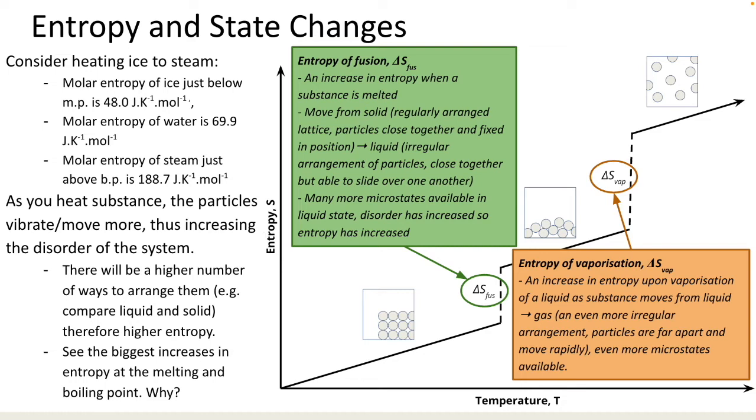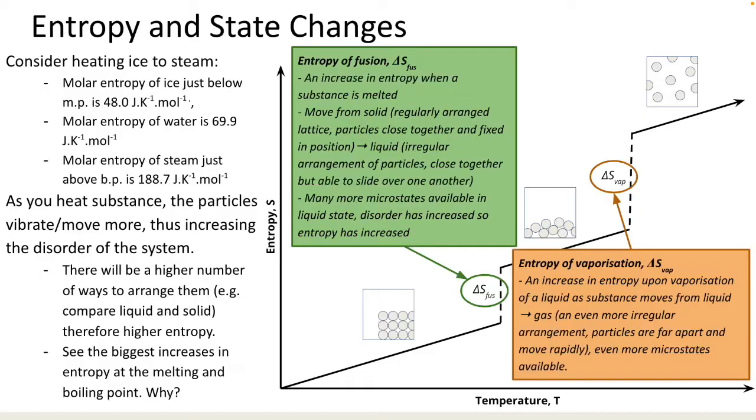Just a couple of notes here. Dissolving, which is also a physical process, we see a similar entropy change occur with dissolving. When we dissolve, we tend to increase entropy because we're increasing those microstates. We can also think of these in terms of their reverse process.